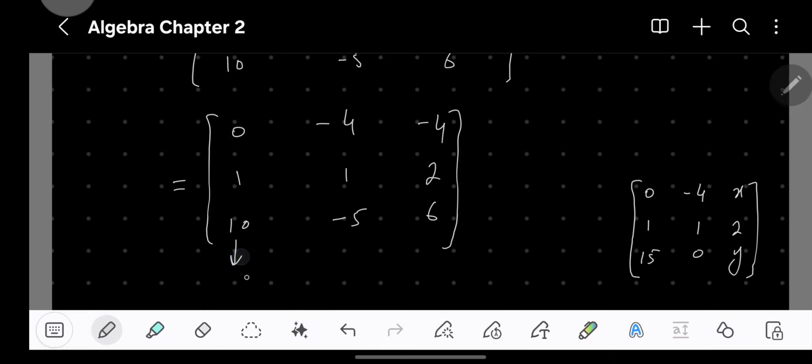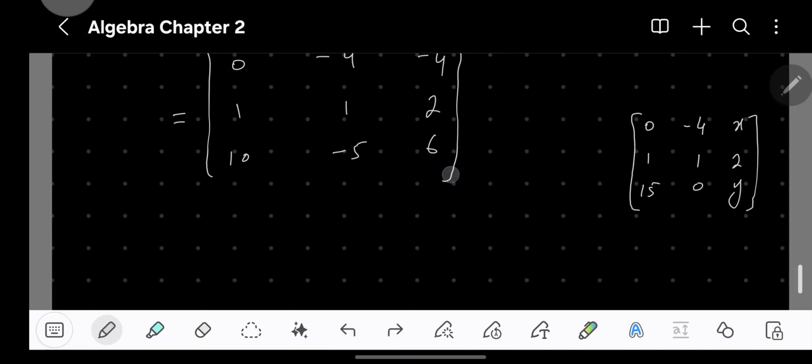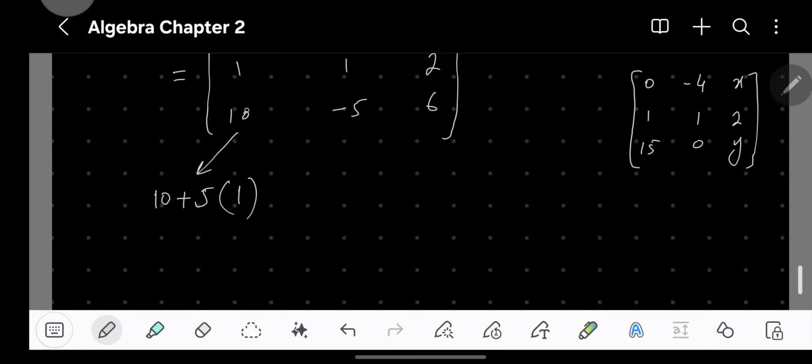If I add 5 here, then it can be 15, right? So I should write 10 plus 5 times this one. This 10 refers to R3, plus this 5 refers to a scalar, and this one refers to R2.